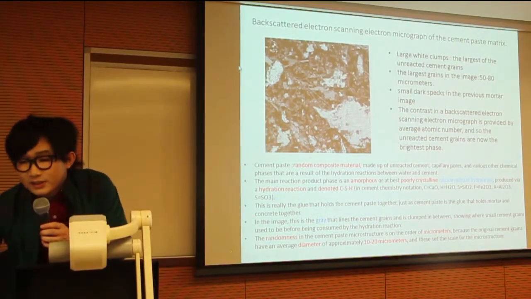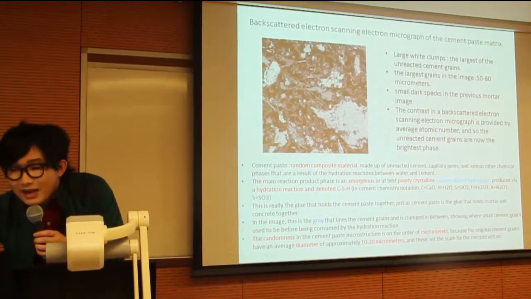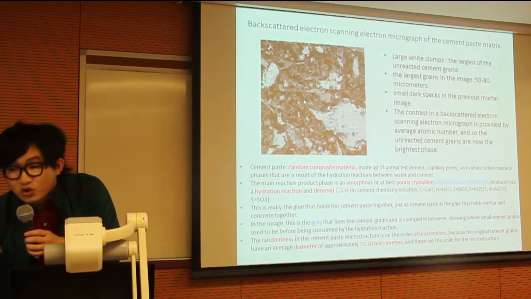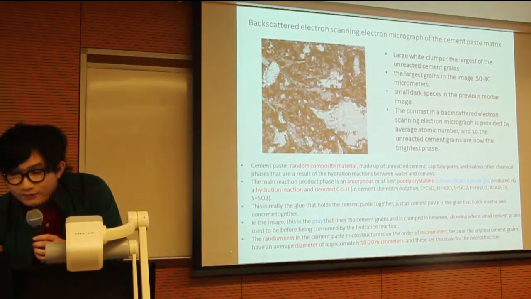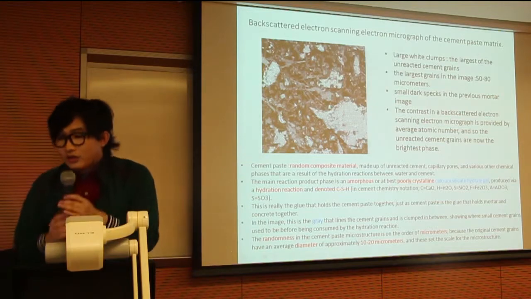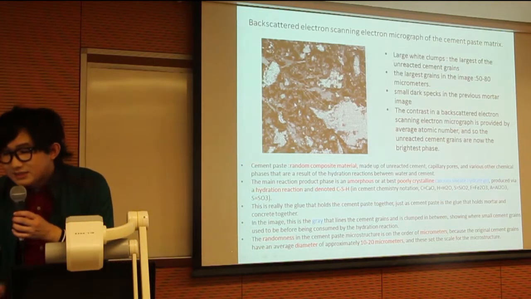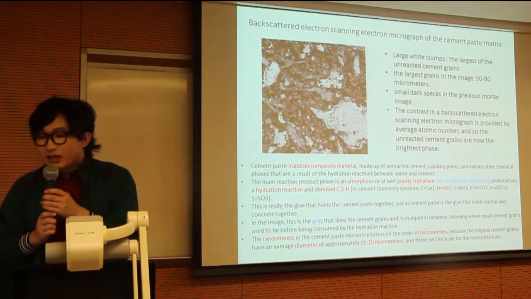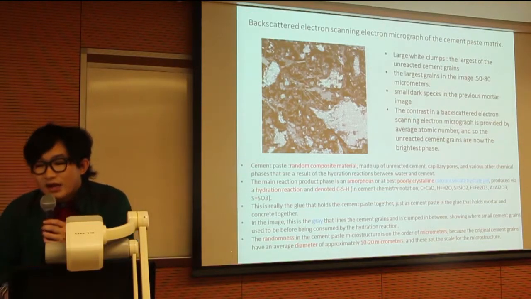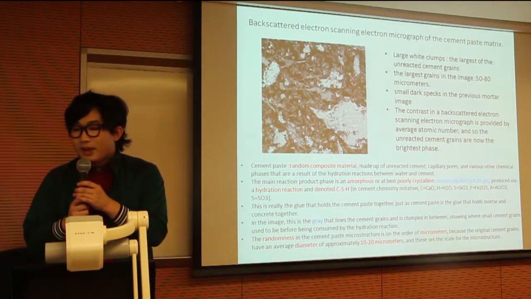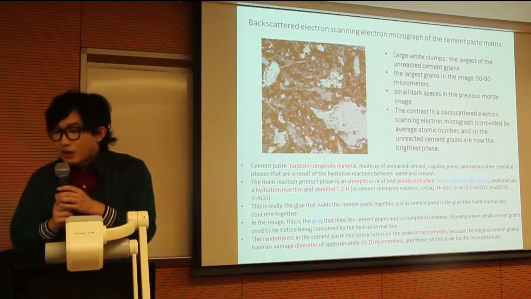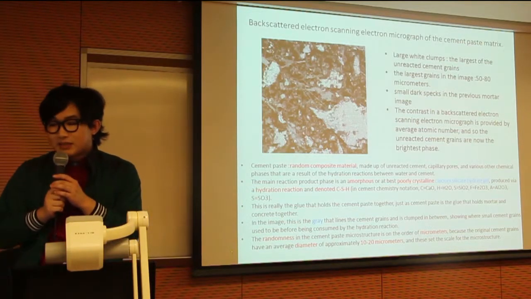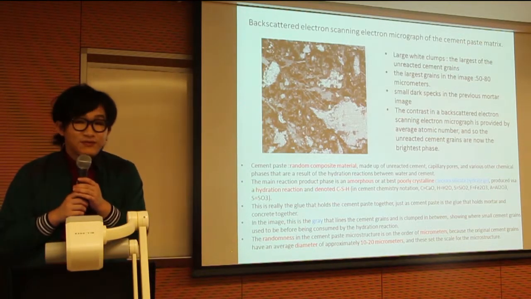And we can also see some small dark specks like those in the previous mortar image. The contrast in a backscattered electron scanning electron micrograph is provided by average atomic numbers, and so the unreacted cement grains are the brightest phase.